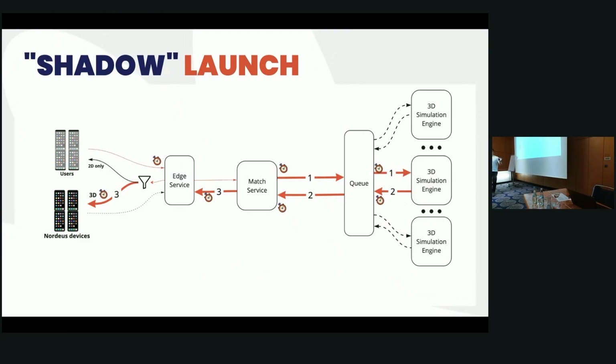Matches are being simulated by match series, and important highlights are generated in 2D format, in the old way, and sent to regular users. However, in the background, in shadow, match service was requesting 3D highlights, but these 3D highlights were shown only to Nordeus devices, a predefined list of Nordeus devices.